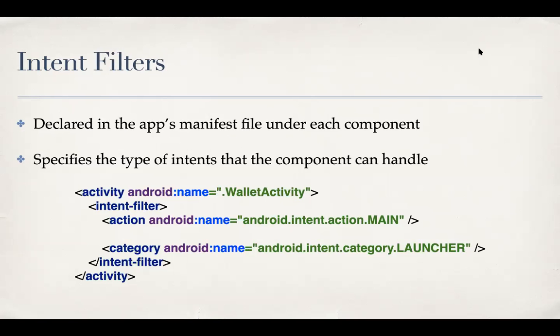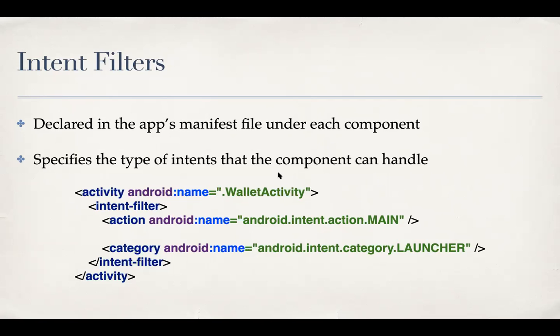So this intent filter is declared in an app's manifest file for each component. So if your app has 10 activities, let's say, and 3 services, each of them should declare an intent filter. Of course, if it's going to handle that particular kind of intent. If it's not, then you can leave it empty.